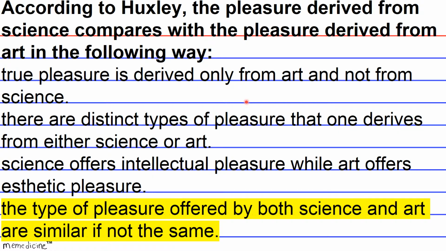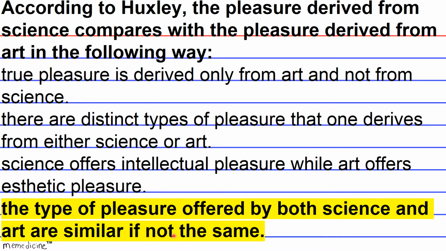So answer choice C is wrong as well, leaving only answer choice D, and this is going to be our correct selection. So the type of pleasure offered by both art and science are similar, if not the same. And if you want the support for this, something to this effect was mentioned in the passage. Okay? All right.